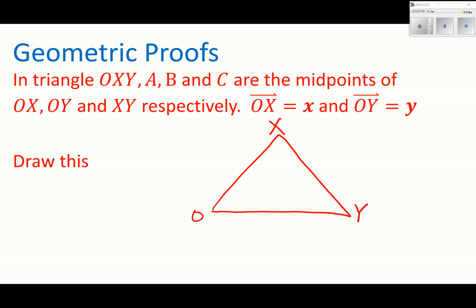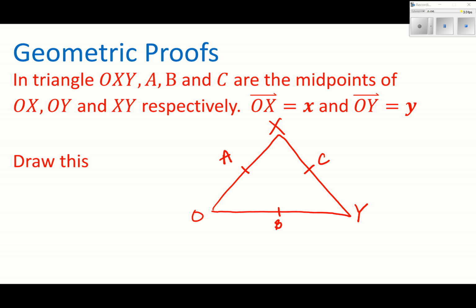Now we have midpoints on there. My midpoint of OX is A. My midpoint of OY is, I'm sorry, not C, of OY this is going to be B, and then of XY, that is going to be C for my midpoints.